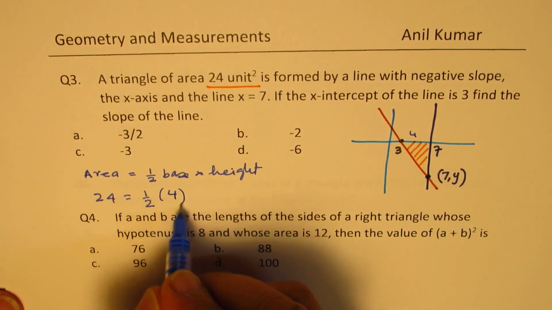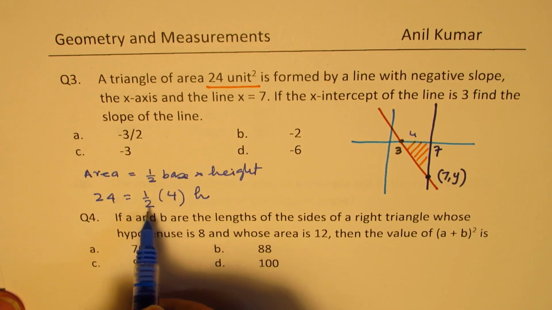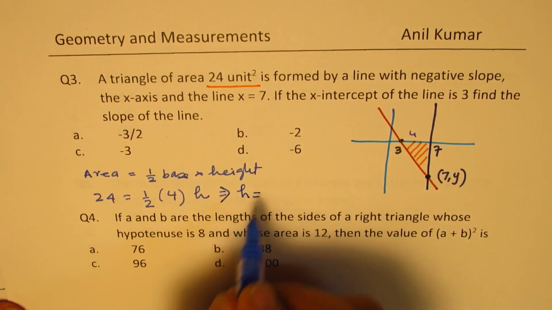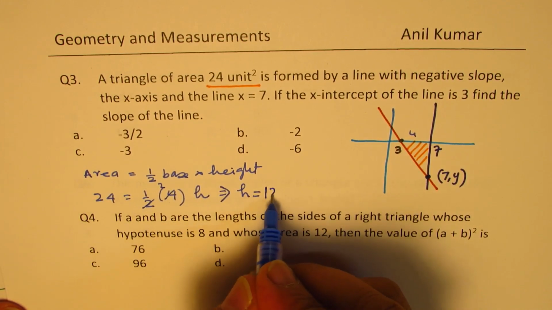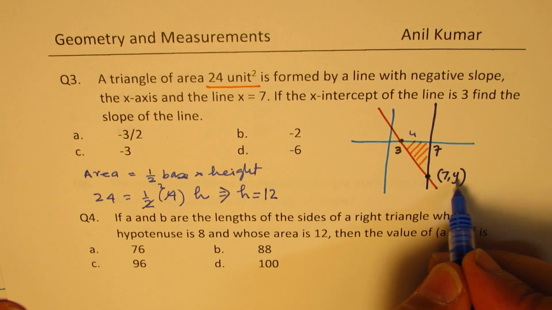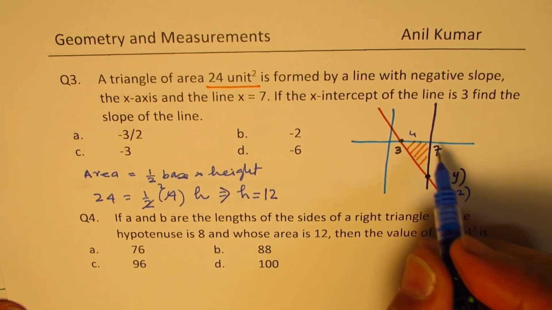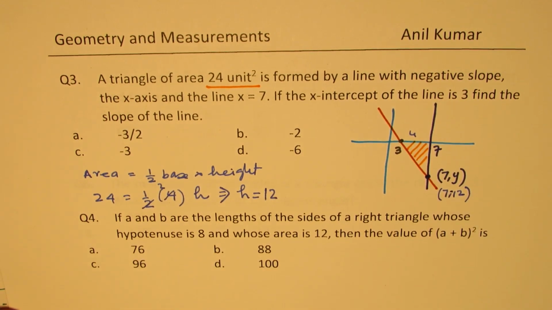And let's say h is the height. So height h equals 24 divided by half of 4, which is 12. So we get this height or y value as 12. Since it is on the negative side, we'll write minus 12. Is that clear to you?